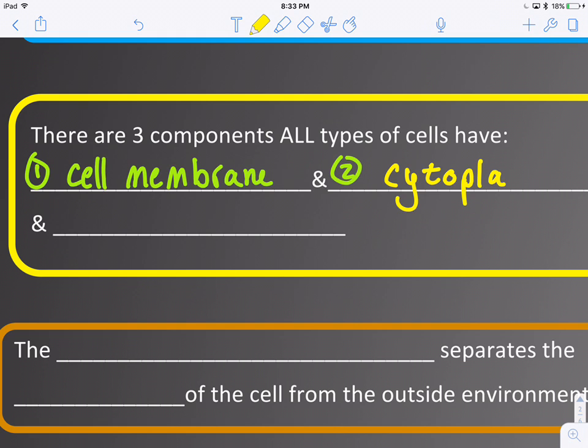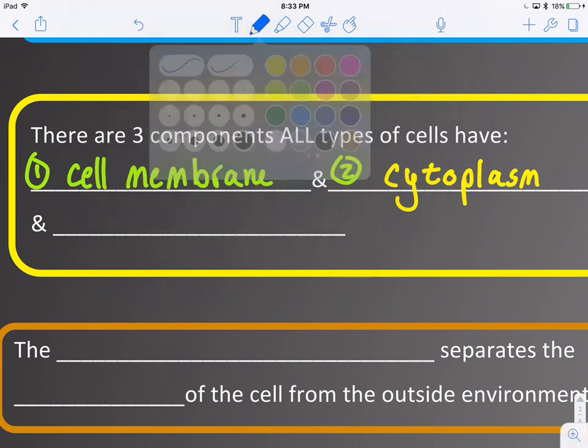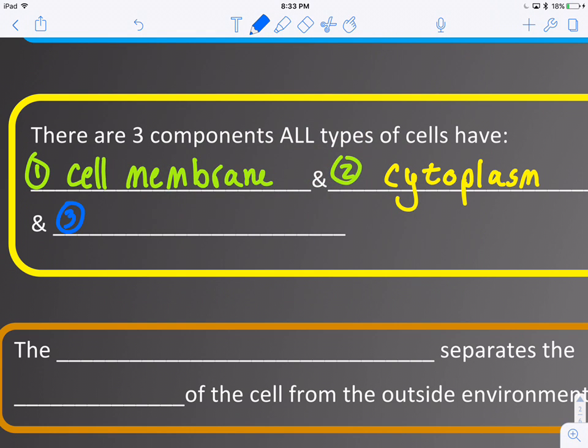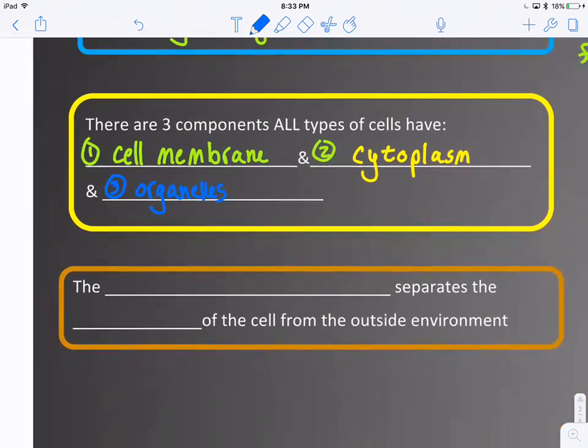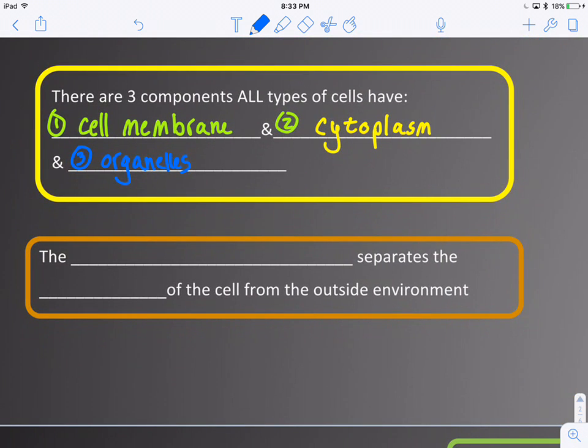And we said the third one, or at least one organelle, if not more. Okay?